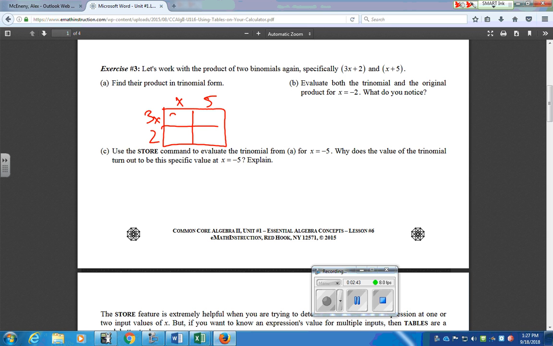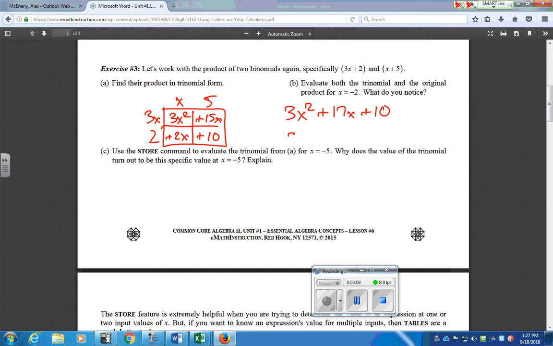So we'd end up with 3x squared plus 15x plus 2x plus 10. So in the case of this right now, we'd have 3x squared plus 17x plus 10. And they want us to evaluate both the trinomial and the original for x equals negative 7. Or I'm sorry, x equals negative 2.